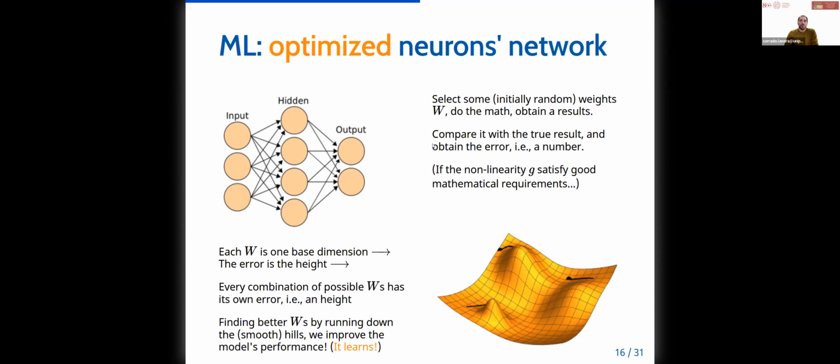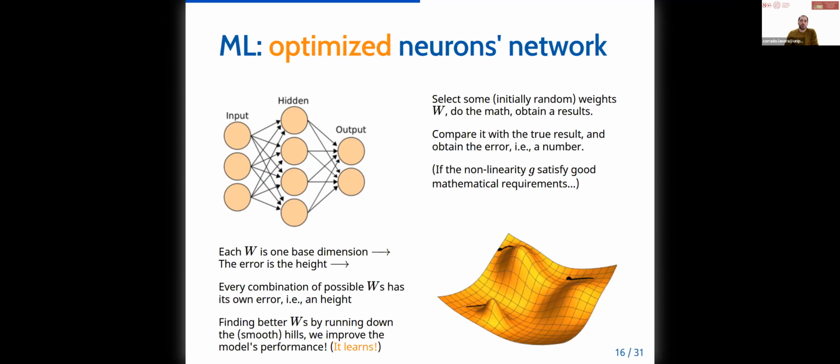So for every possible set of W numbers, you have an output. And because you have the correct answer, you can measure the distance from your results to the correct answer results.